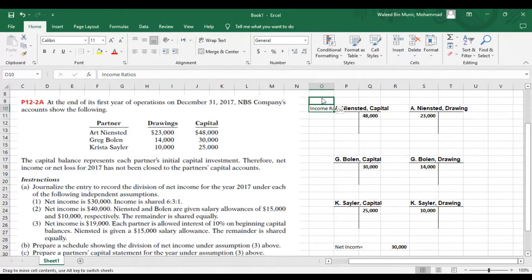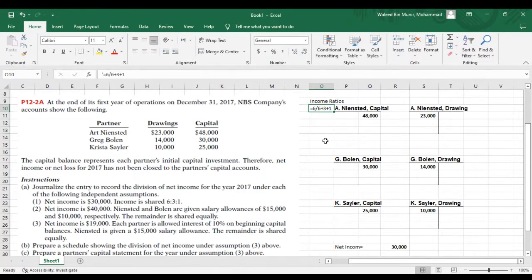Income ratio means how much each partner will get. The first partner will get 6 divided by 10, which is the sum of the ratio, 6 plus 3 plus 1.